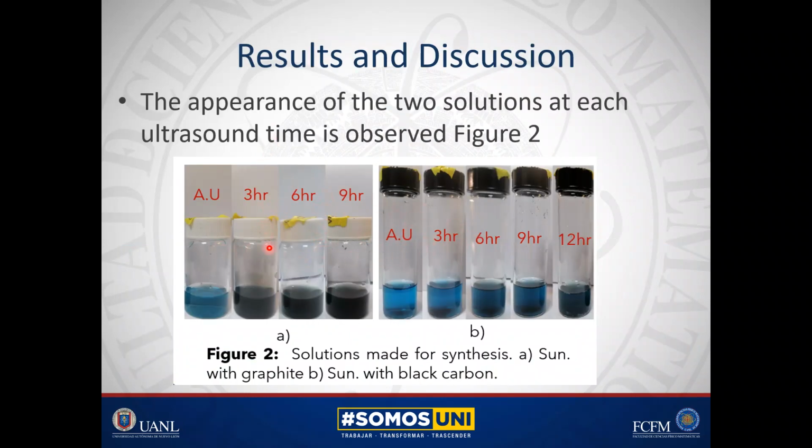The first thing to notice in our samples is that as we increase the time of sonification, we get a darker sample, which means that the graphite and the black carbon are being solubilized in the aqueous media, which is water.